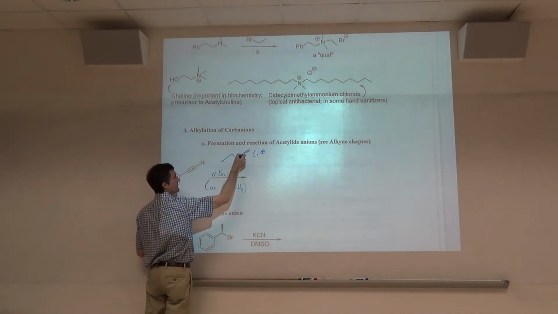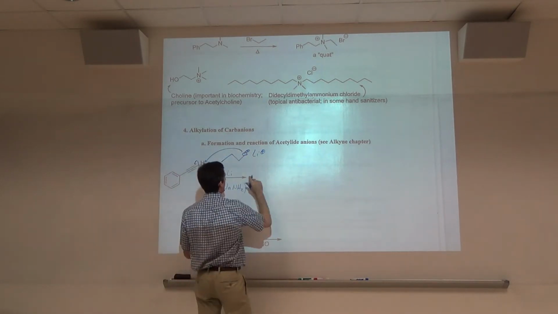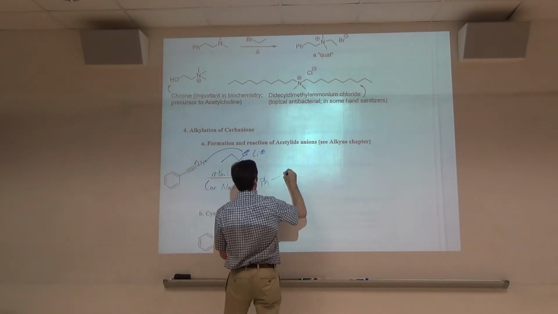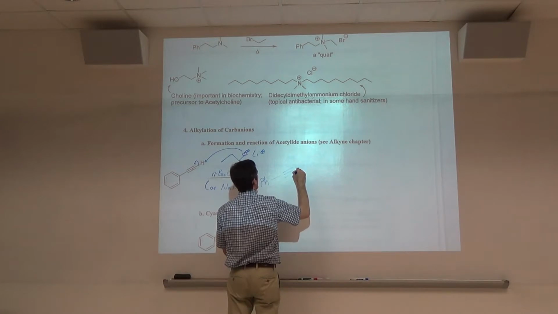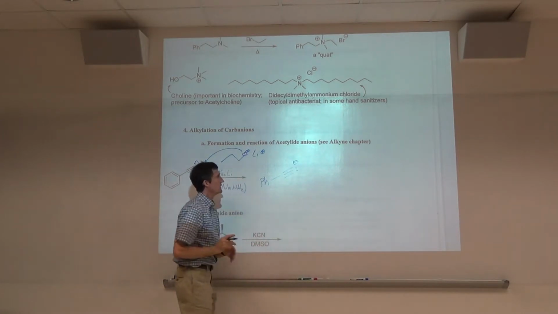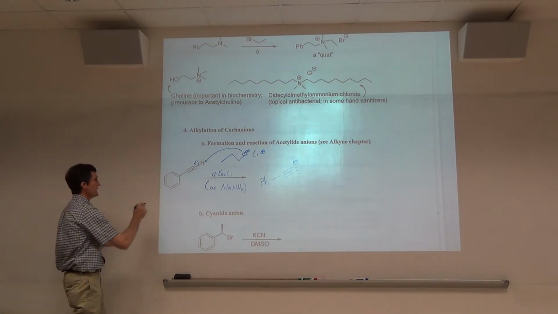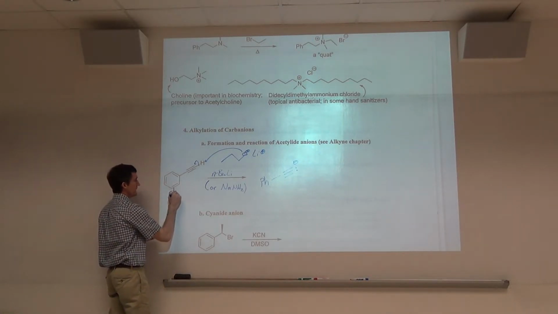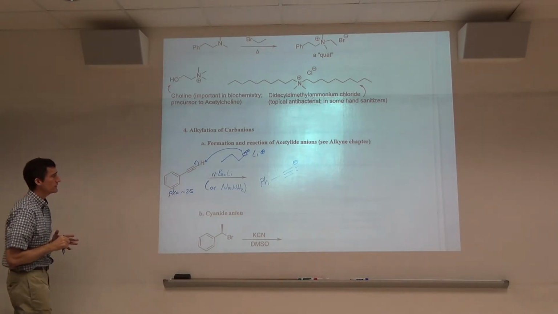Both of these are strong enough to take the H and leave the lone pair behind, and that gives the carbanion. And so this is why we need to know that alkyne H's have some acidity. The pKa is about 25, listed in the table in the back of the workbook.